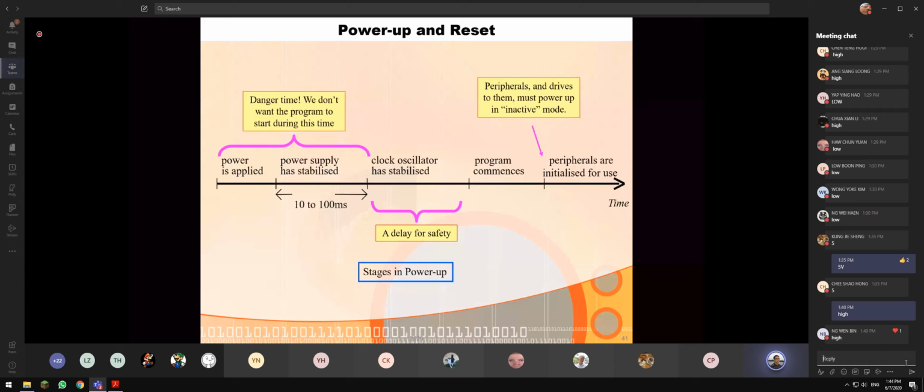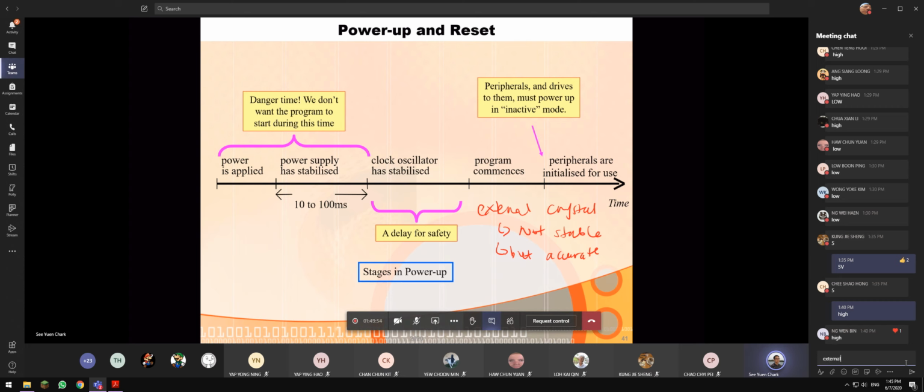External crystal is not very stable, but accurate. When you were learning PIC 18, were you using an external crystal or the internal oscillator frequency?